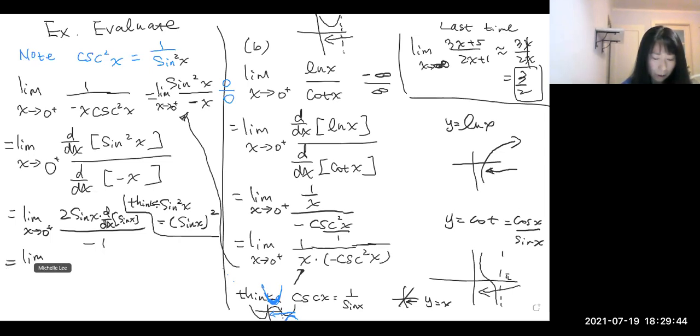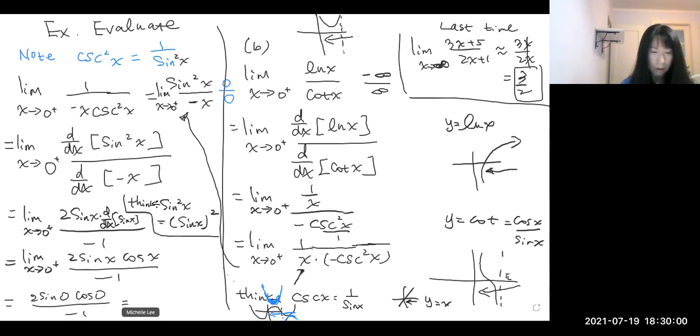So we have not done the chain rule yet, which is cosine x. All right, now we substitute. What do you get? 2 sine 0, cosine 0 over negative 1. So what do you get? We don't have to calculate anything, just sine 0, right? Excellent. Okay, it's 0. That is the answer.